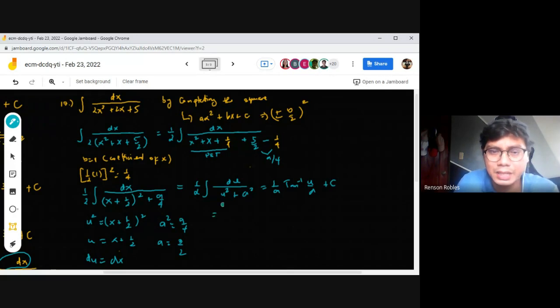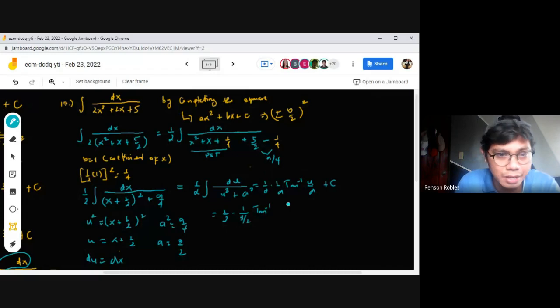Then palitan natin ng variable. 1/2. I forgot that 1/2. Sorry. One half times 1/a. 1/2 times 1 all over a, where a is 3/2. Then arctangent u, what is our u? x plus 1/2 over 3/2.